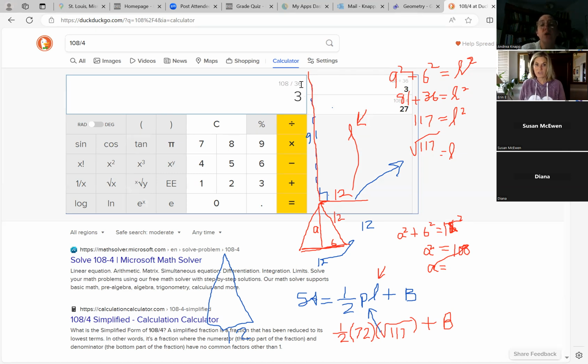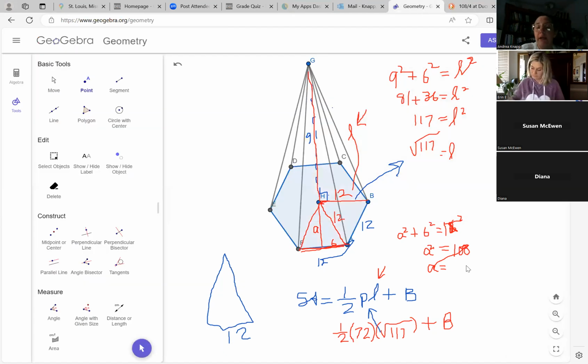Yes, okay. So we can break 108 into 36 times 3, so root 108 we can write as root 36 times root 3. And the square root of 36 is 6. So we have 6 root 3. You follow me? Okay, but that is our apothem.